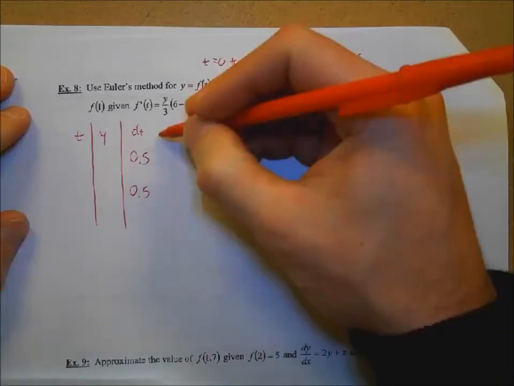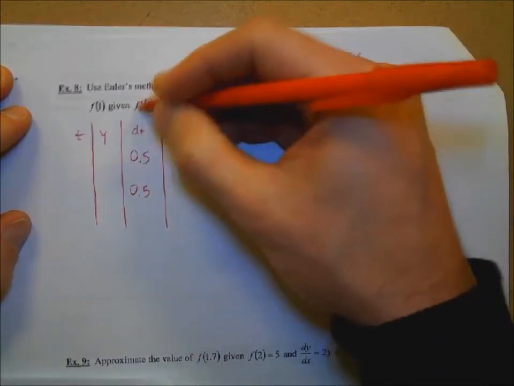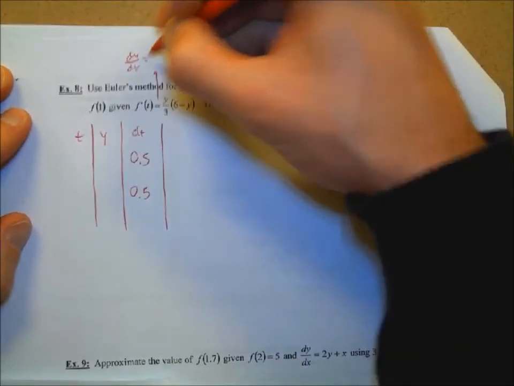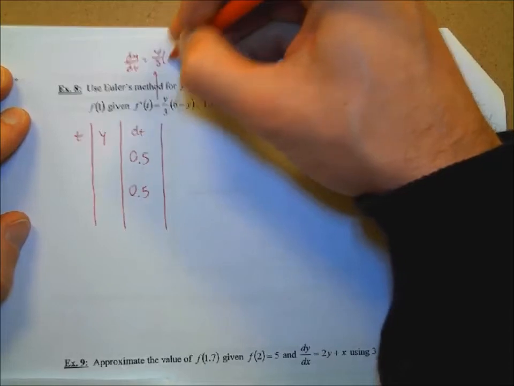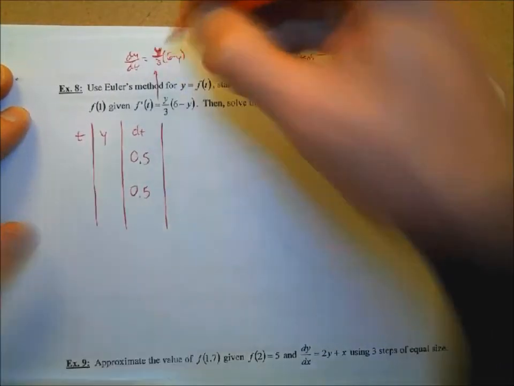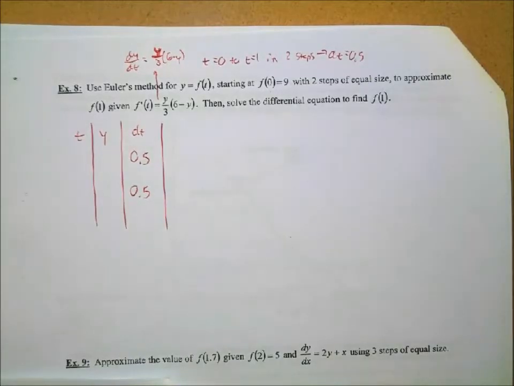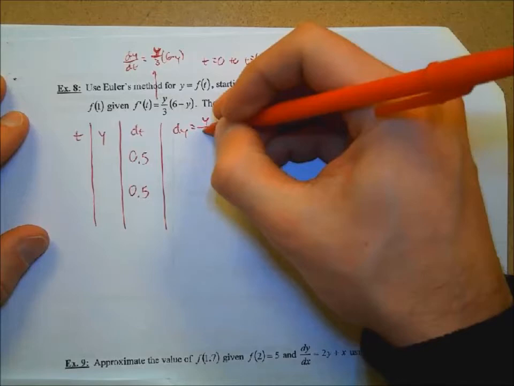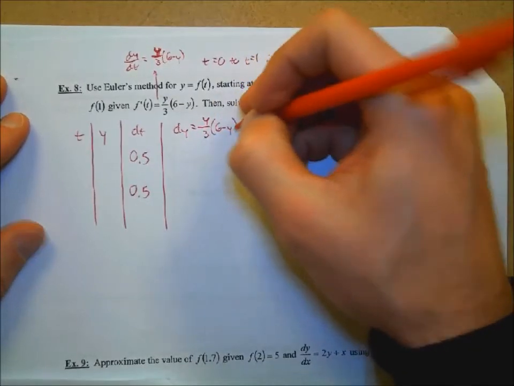Our differential equation, well, remember, f prime of t, we can rewrite that as just dy over dt equals y over 3 times 6 minus y, right? I mean, f prime of t is dy dt. And so then our differential equation we'll say is dy equals y over 3 times 6 minus y dt.